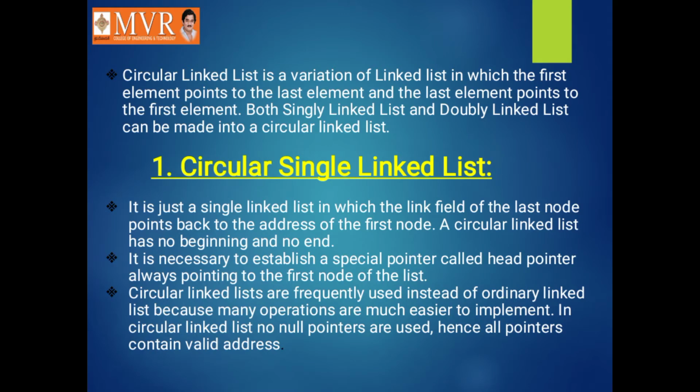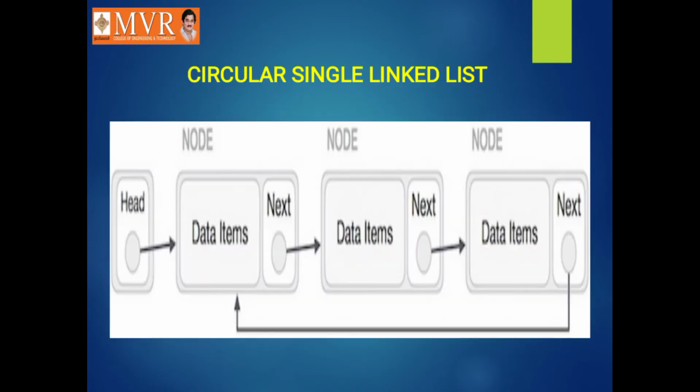So a circular single linked list or circular double linked list does not contain any null pointers, and every node link will contain some valid address, but it does not contain any null value.